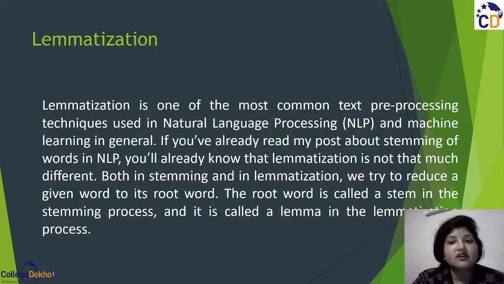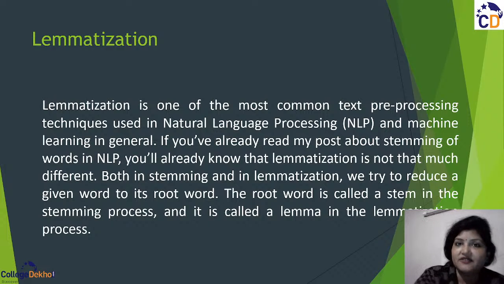So this is the main difference between lemmatization and stemming. If you have already read my post about stemming of words in NLP, I have already given a session on the stemming part. In both stemming and lemmatization, we reduce a word to its base form, but the base form is either meaningful or meaningless.